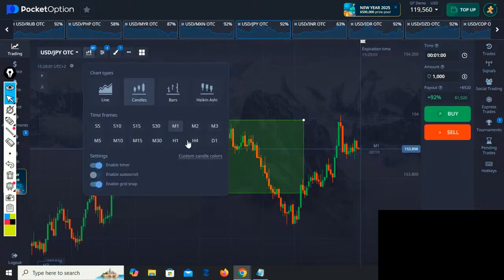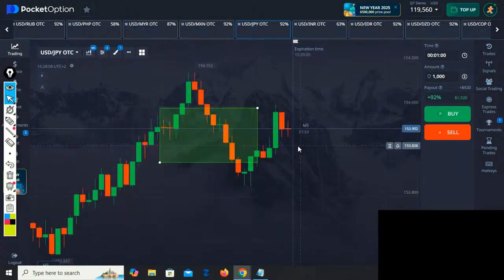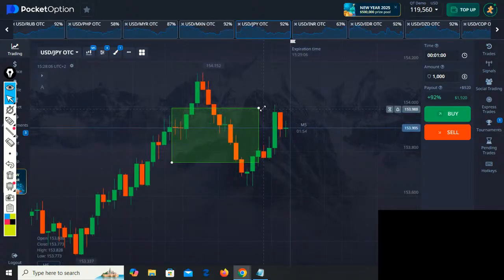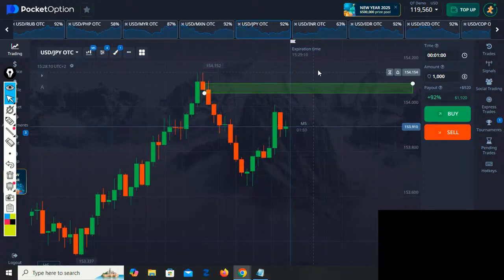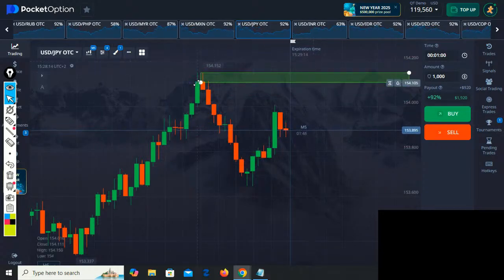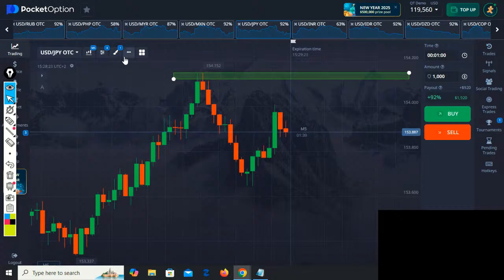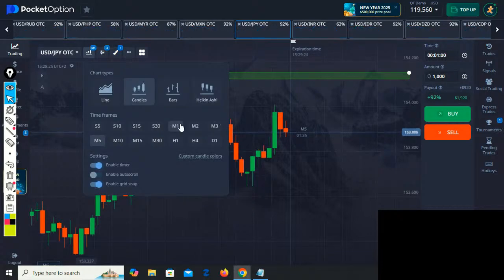Let me see in the 5 minutes. A beautiful zone over here. Let's go to the 1 minute chart so we can see the fresh area.